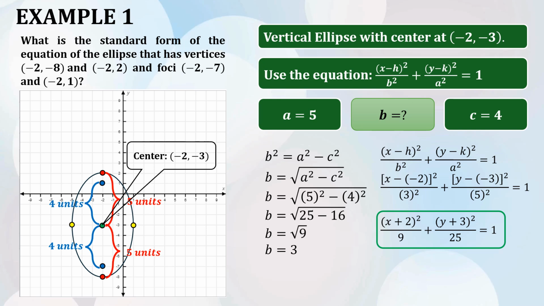This is now the equation of our ellipse with vertices (-2, -8) and (-2, 2) and foci with coordinates (-2, -7) and (-2, -1).